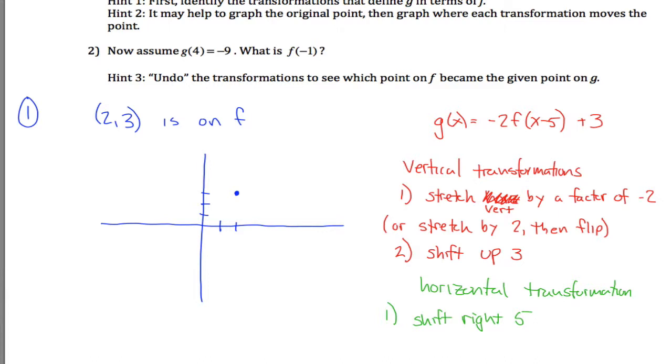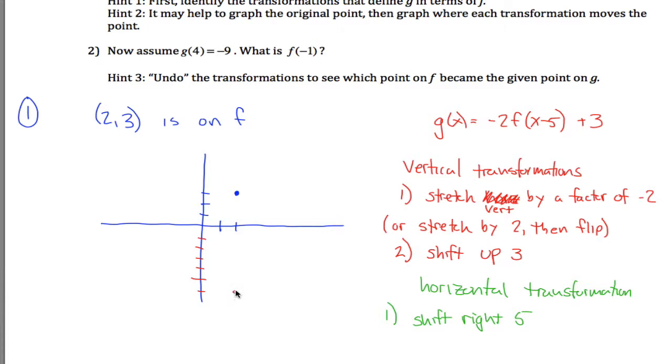So back to our graph here. Maybe we'll take care of the vertical transformations first. It doesn't really matter which ones you do first, whether you do the vertical or the horizontal. I want to stretch vertically by a factor of -2. So this point right here used to have a height of +3. If I multiply 3 by -2, 3 times -2 is -6.